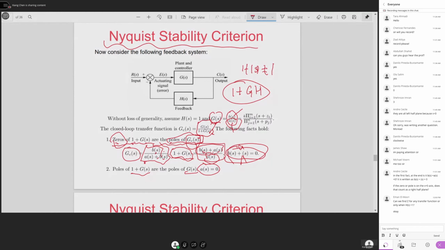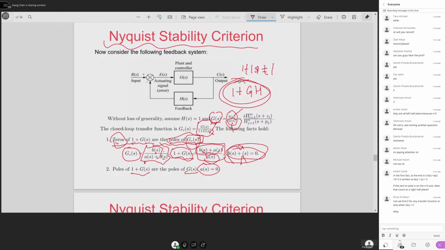Okay, so that is why I said that here I can assume H of S equal to 1 without loss of generality. So for a non-unity feedback case, it's very easy to modify the criterion. You just need to replace the evaluation of the Nyquist plot from 1 plus G to 1 plus GH.